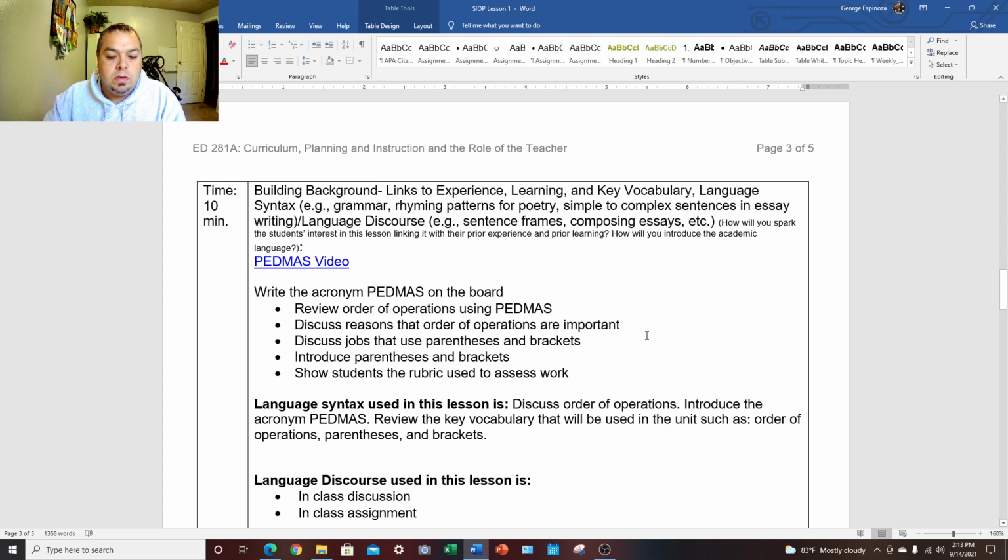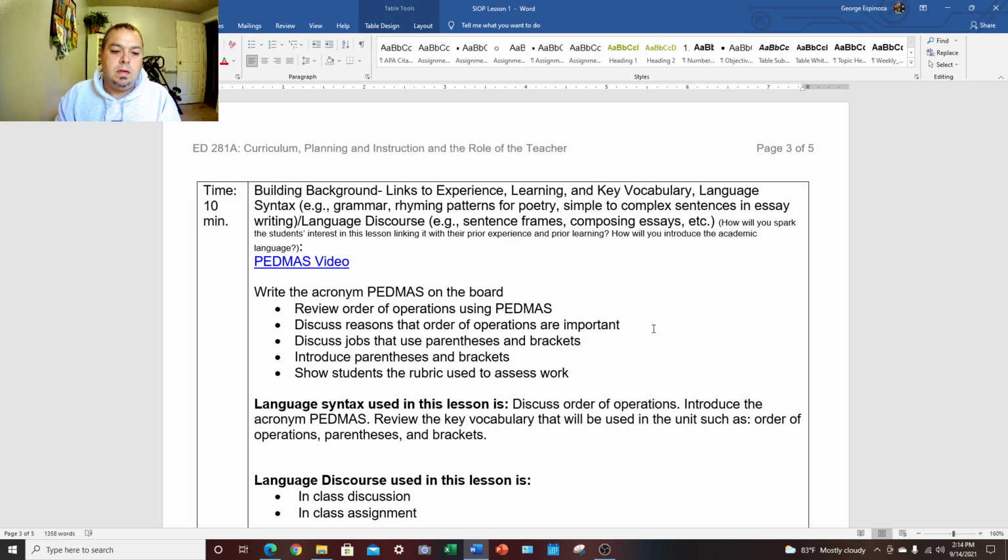It describes to the students in a very unique way, musical as well as other ways that visual learners might be able to understand or connect with a little bit better, how to deal with order of operations and what sequence you would use.